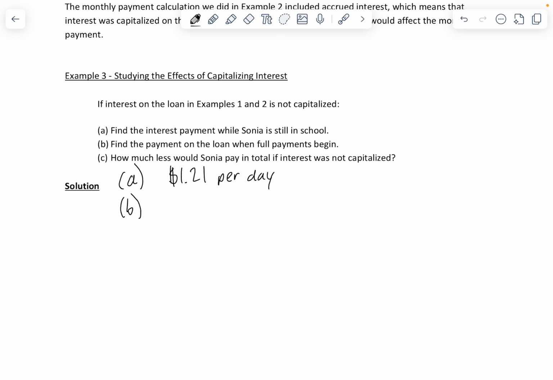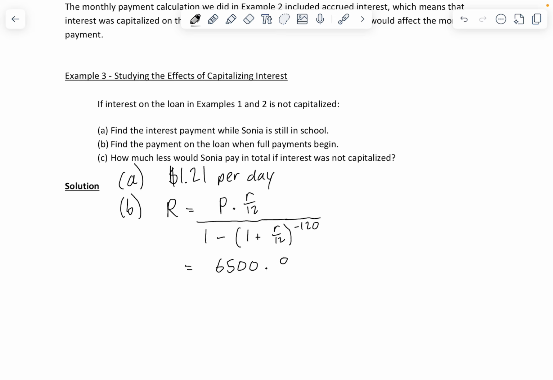Okay, so our monthly payment formula is P times R over 12 over 1 minus 1 plus R over 12 raised to the power of negative 120. Okay. So because she's already been paying the interest, when she starts making full payments, she's only going to have to pay the principal balance, which is the $6,500.